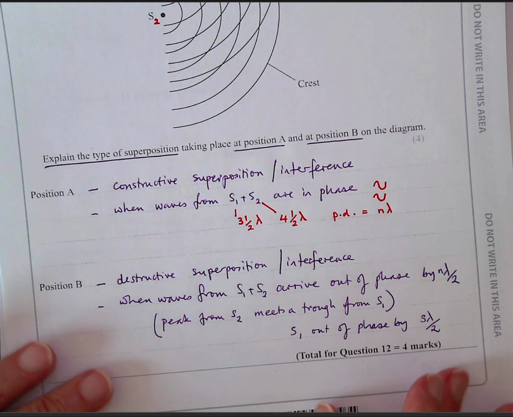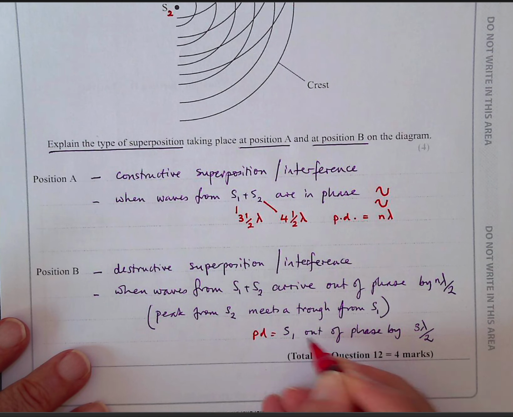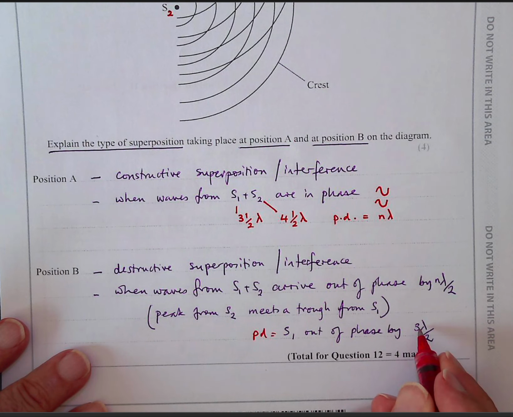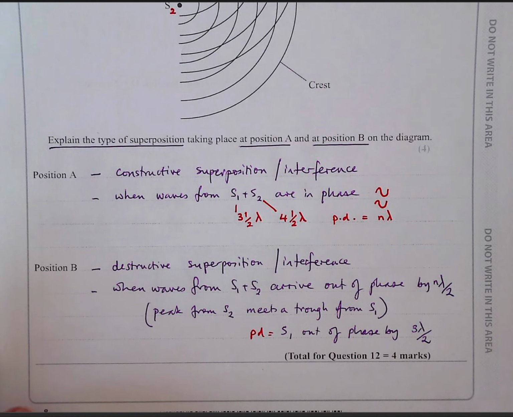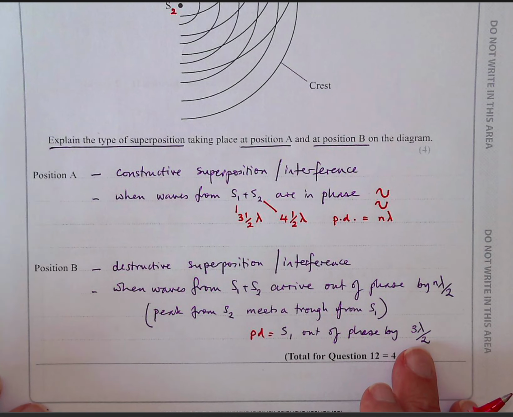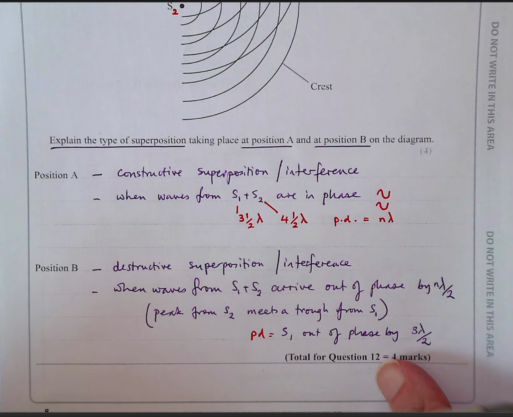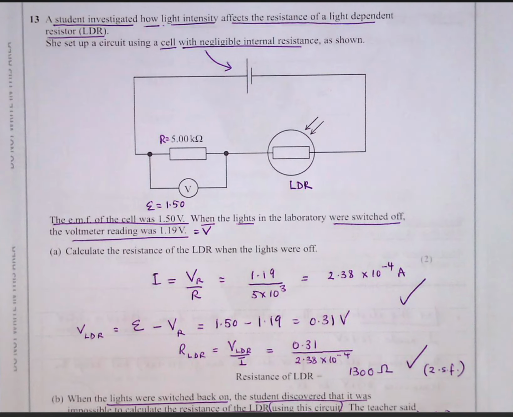And over here, the path difference for S1 is out of phase by 1.5 wavelengths, so it's an odd number. So that's what you've got to look for. An odd number of half wavelengths becomes destructive interference. Okay, so that's 11 and 12 done.